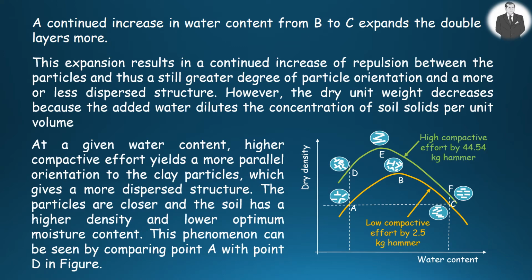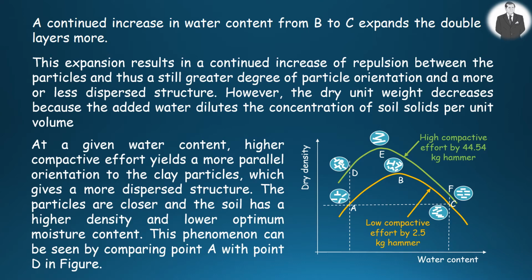At a given water content, higher compactive effort gives rise to a more parallel orientation of clay particles, which in turn brings about a more dispersed structure. Particles are closer and soil has a higher density and lower water content as shown in the figure.